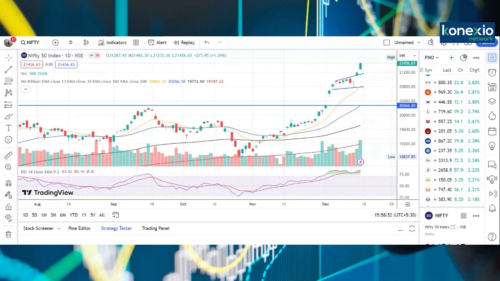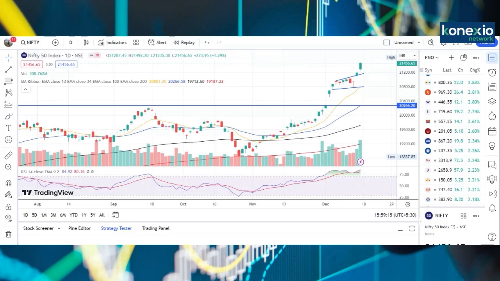Any dips from these levels might bring in strong buying support at the lower levels, and the market might start inching higher again. But one needs to be cautious. If there are any negative signals, then one needs to start booking profits.